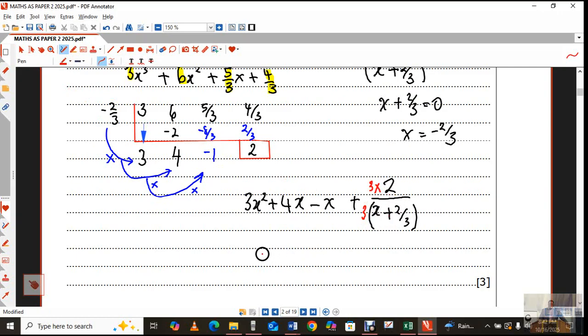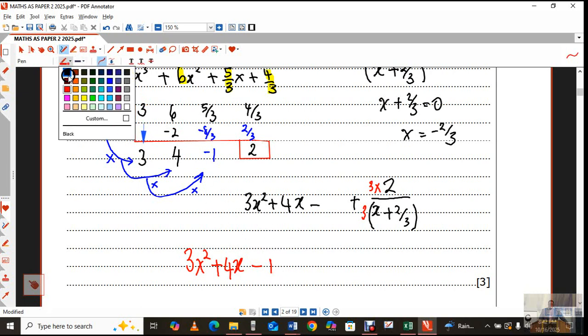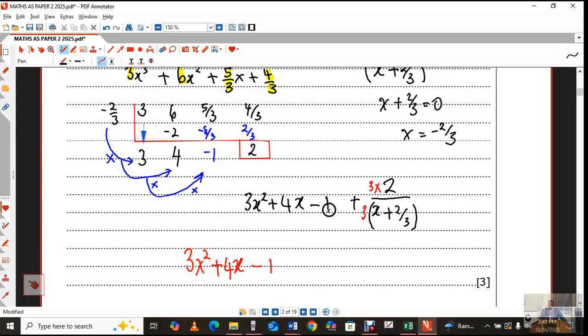And if you do that, at the end of the day you have 3x squared plus 4x minus, not x rather, this is something else. It's supposed to be minus 1. So it's minus 1. Okay, there we go. We corrected it. Now we are going to have 6 all over.